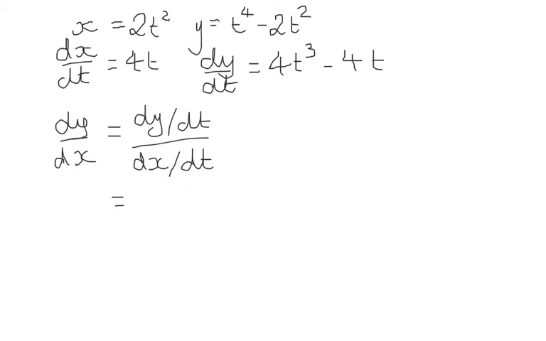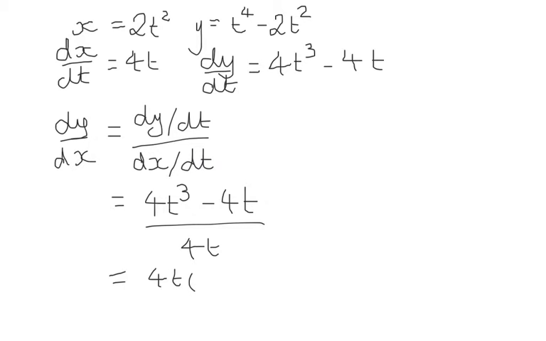That means 4t cubed subtract 4t is divided by 4t. Now there's a common factor of 4t in the numerator, which we can take out. 4t multiplied by t squared is the original 4t cubed.